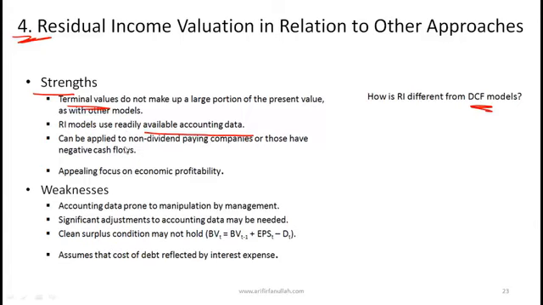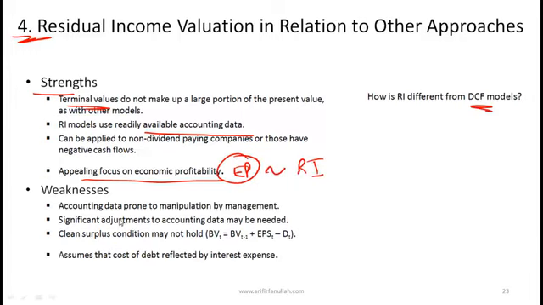It can be applied to non-dividend paying companies or those which have negative cash flows. And it has an appealing focus on economic profitability. We already talked about the concept of economic profit. Economists would call it economic profit, and people doing this reading would call roughly the same thing residual income.